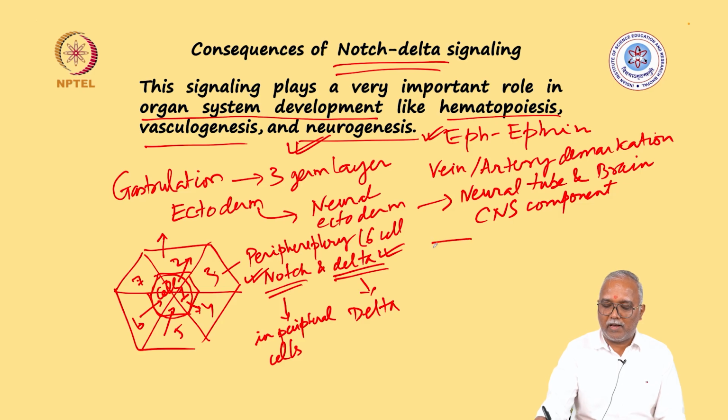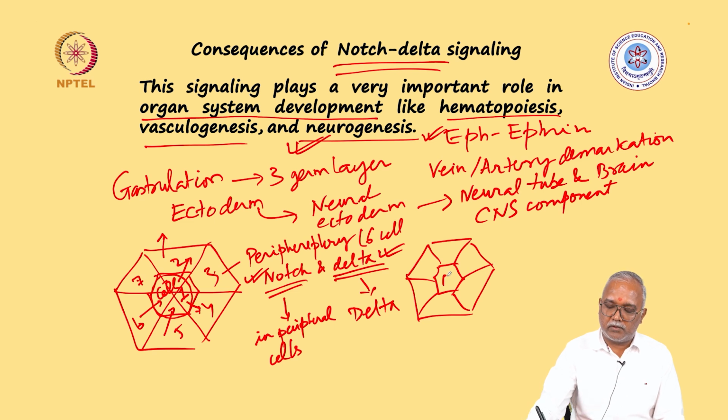So eventually what will happen? Think about the scenario. Now this becomes a neural or neuronal cell, and this will become a non-neuronal or glial cell.